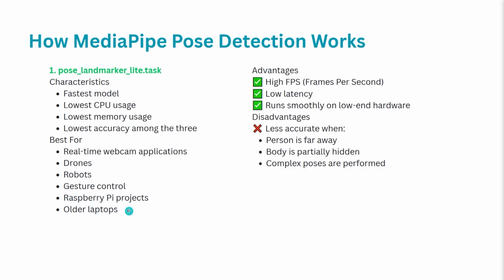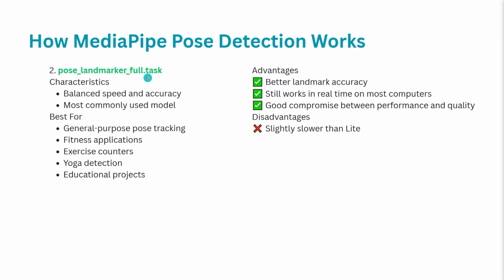If you don't have powerful hardware, then you can use that model. The advantages of the light version are that it processes high FPS, low latency, and runs smoothly on any low-end hardware. But there are also some disadvantages, such as less accuracy when the person is far. Also, it does not work properly when the body is partially hidden.